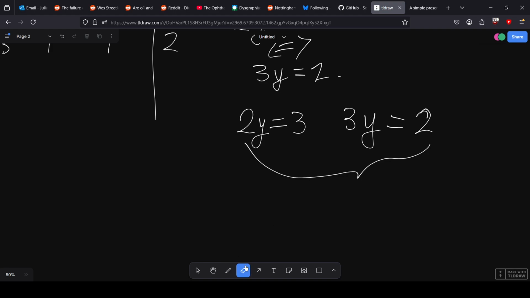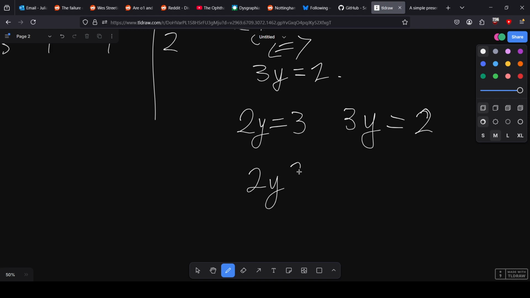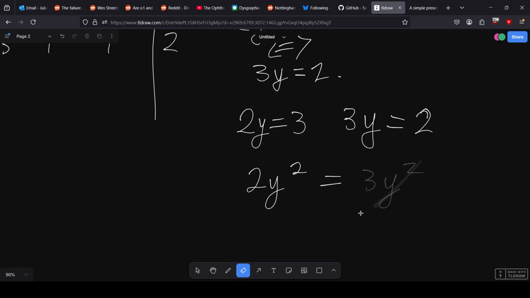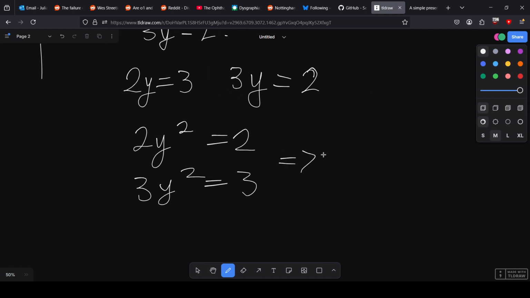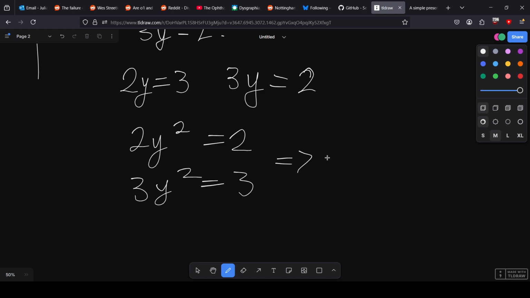So this means that 2y squared is equal to 3y squared. 2y squared is equal to 2, and 3y squared is equal to 3. But since y cubed is equal to 1 in our original group, 2y cubed has to be equal to 3. But that is already equal to 2, so 2 is equal to 3.